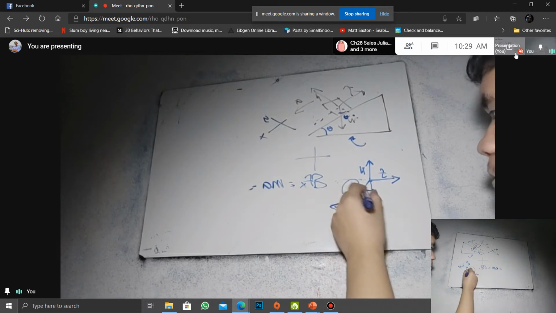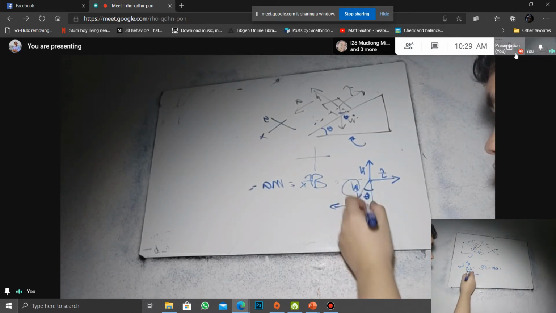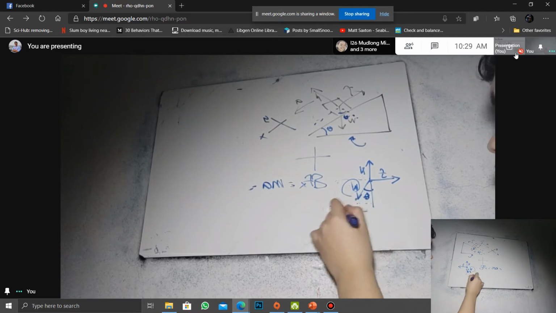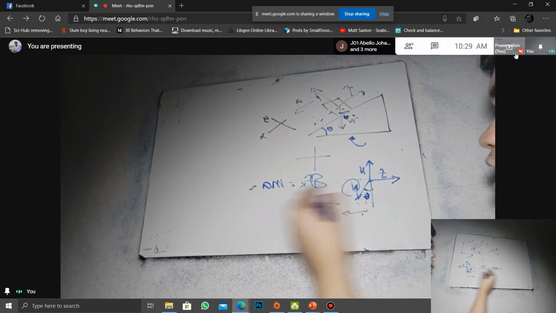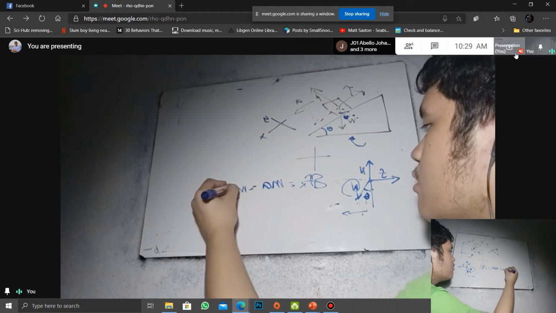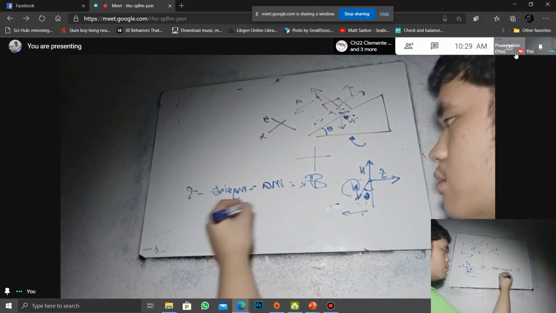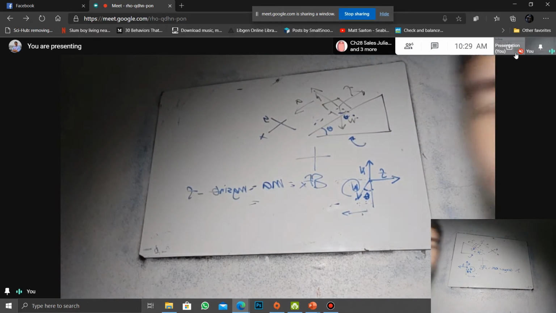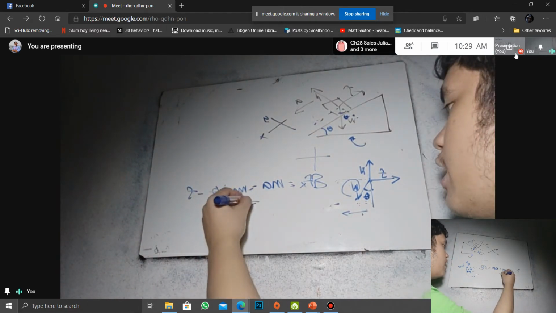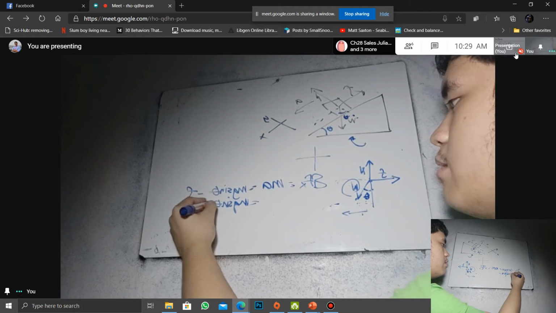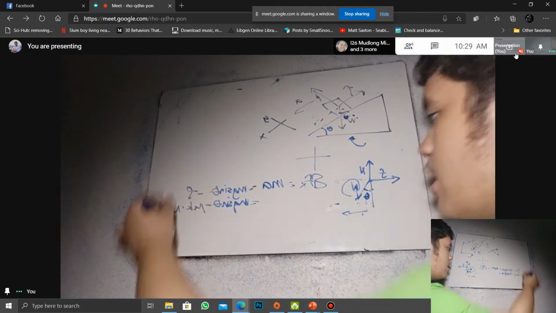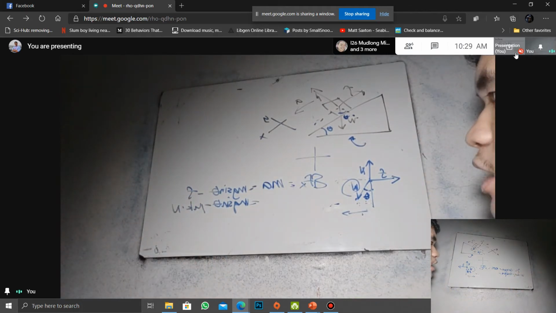Di ba, weight yan. Para makuha yung horizontal component yan, sin theta, di ba? So, mg, weight is mg, minus friction. Ang friction natin is mg sin theta minus mu k N, di ba? Mu k N. Ngayon, ano yung N? Ano yung normal force?